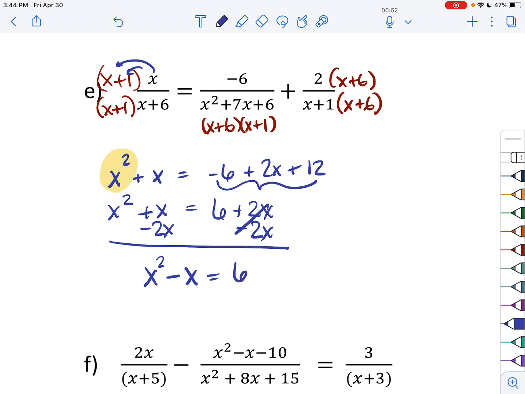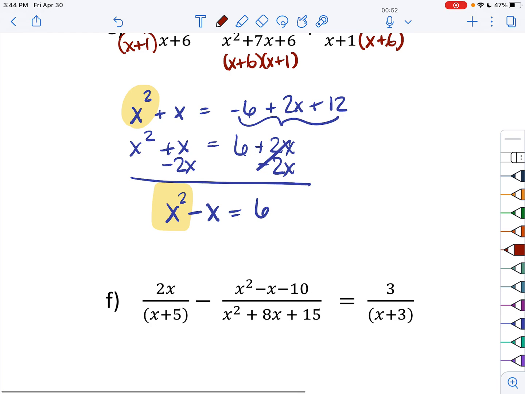But I mean, really, I've got all my x's isolated, but there's nothing I can do at this point to try to solve for x. But here's the thing. The minute that you see that x squared, I want you to immediately think quadratic.